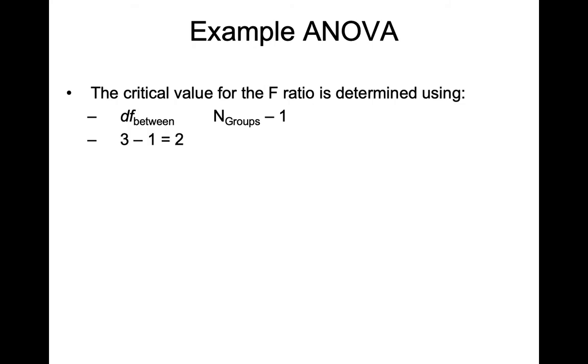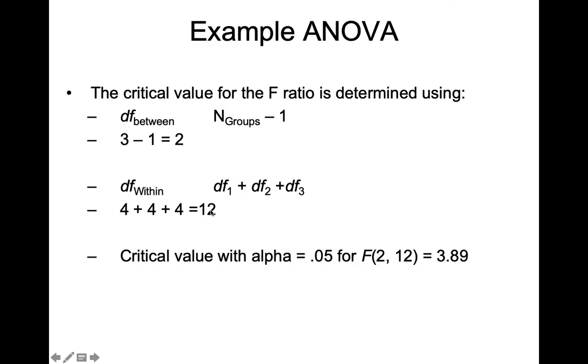So we had 3 groups, minus 1 is 2. And then degrees of freedom within is calculated by determining the degrees of freedom within each group and then adding all of those together. We had 5 participants in each group, so 4 degrees of freedom in each group. 4 plus 4 plus 4 is 12.